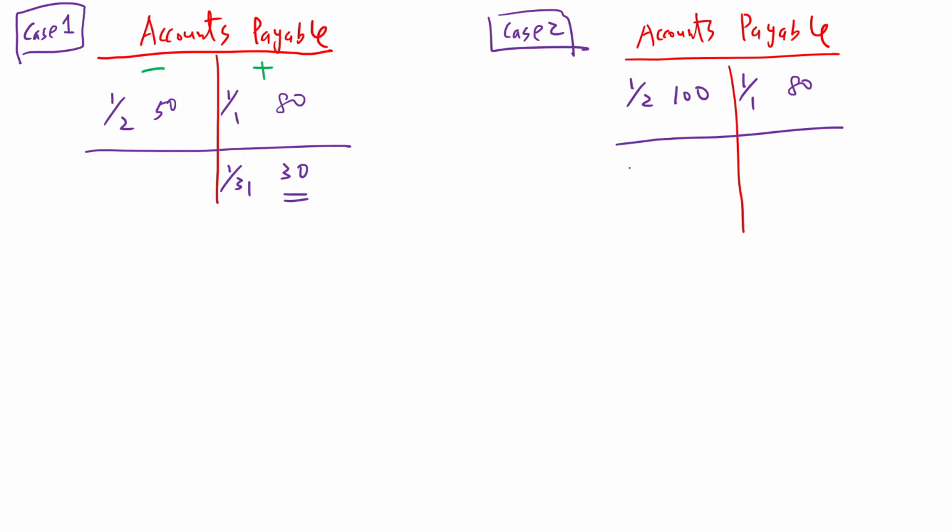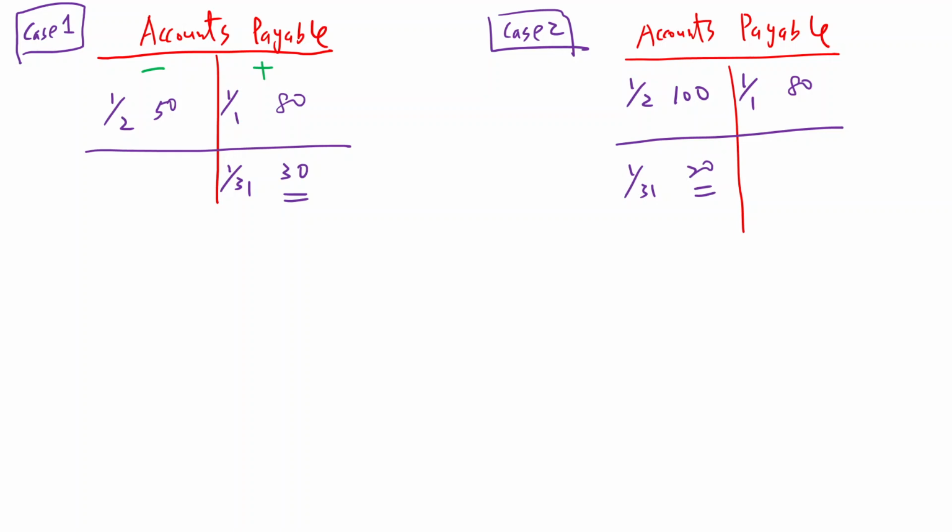In the end, you have liability $20 on debit balance. Okay? So based on this, can anyone tell me, case 1, debit balance or credit balance? Case 2, debit balance or credit balance? It's quite simple.